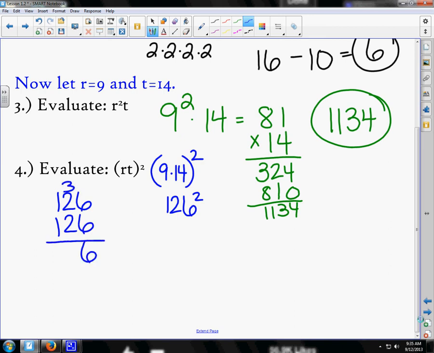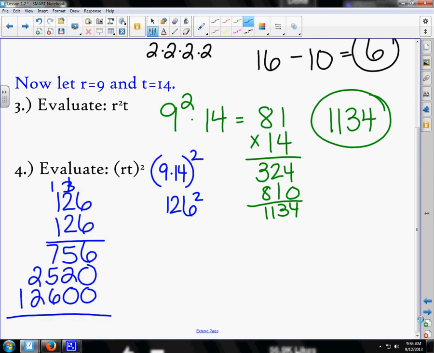6 times 6 is 36. 6 times 2 is 12. Plus 3 is 15. 6 times 1 is 6. Plus 1 is 7. Add a 0. 2 times 6 is 12. 2 times 2 is 4. Plus 1 is 5. 2 times 1 is 2. Add 2 zeros. 1 times 6 is 6. 1 times 2 is 2. And 1 times 1 is 1.